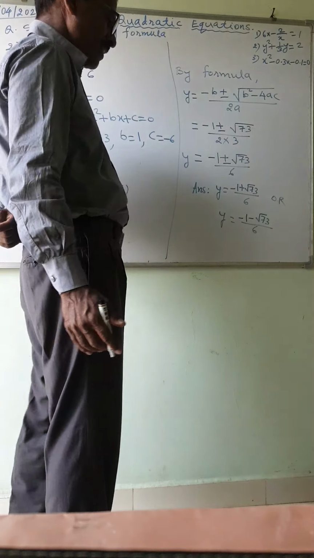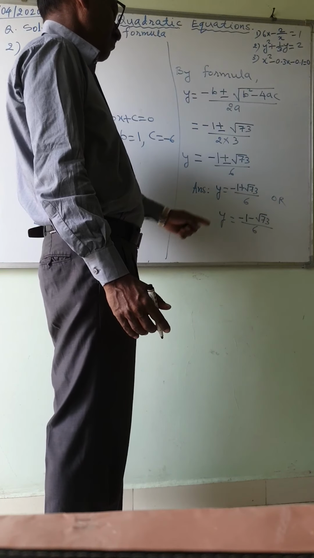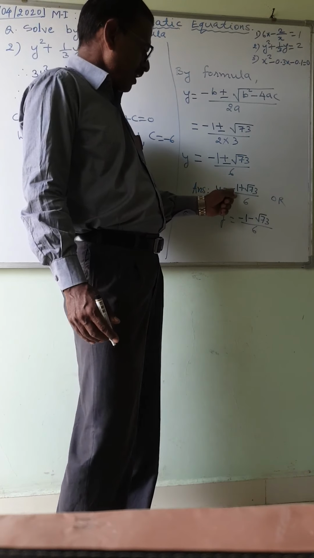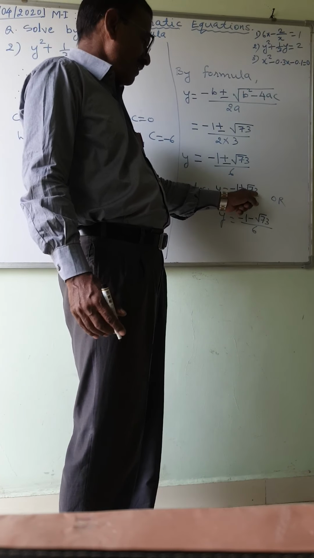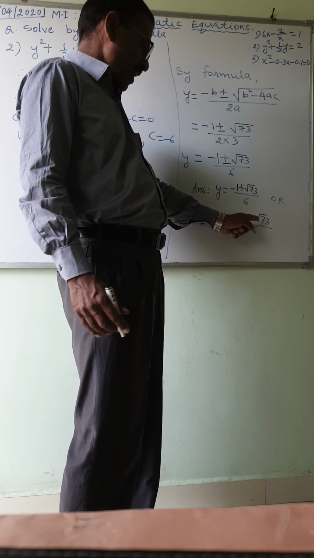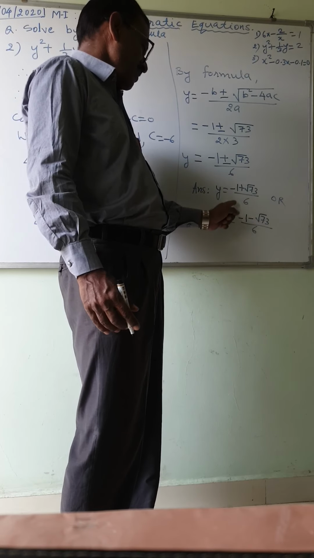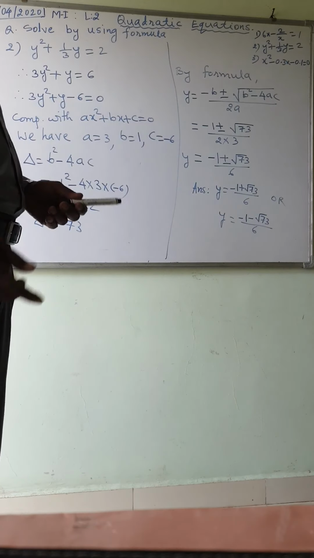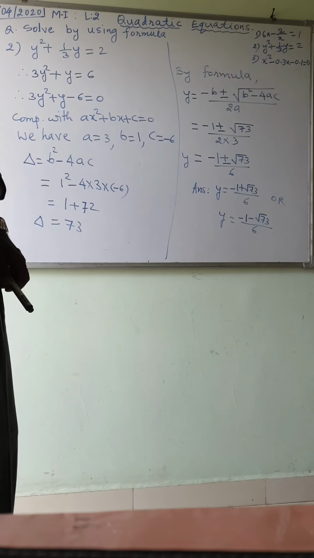You can take this minus common also, or otherwise you can write this answer as root 73 minus 1 upon 6, minus root 73 minus 1 upon 6. That way also you can write. So the second sum is over. Now we'll go for the third sum.